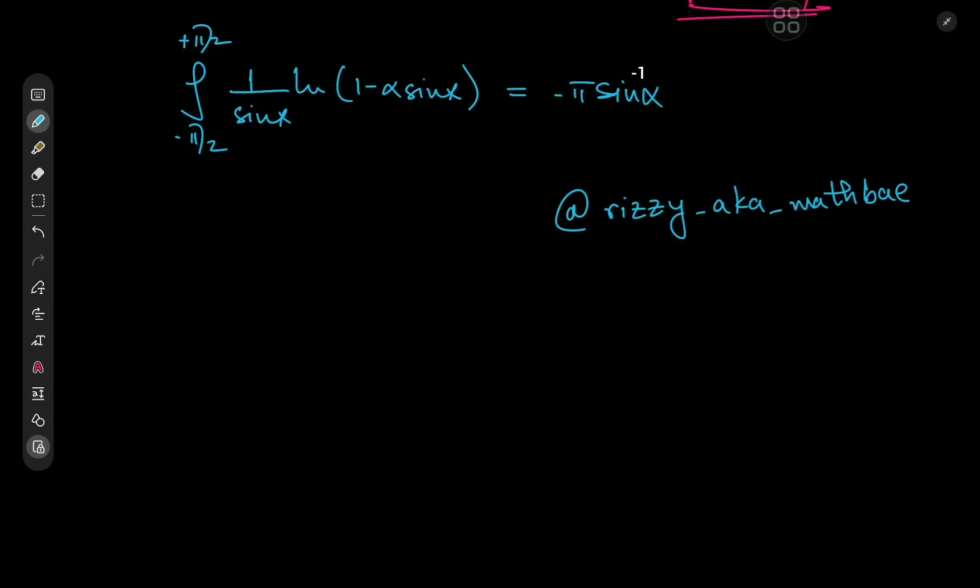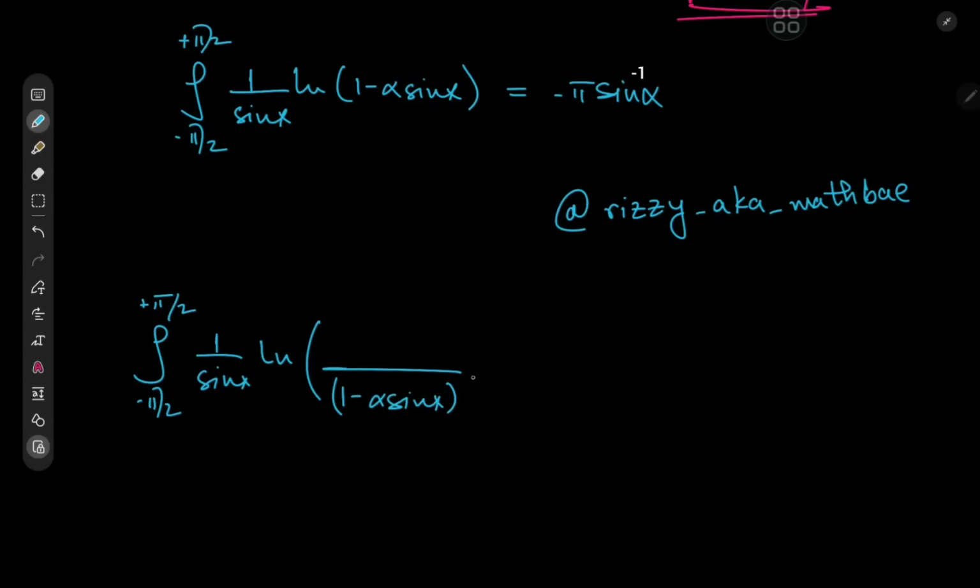Back to work. We have this result, and this is actually wonderful. It's brilliant. The reason for that is that the target integral was in fact the integral from negative to positive pi by 2 of 1 by sine x times the logarithm of, let's see, we should have 1 minus alpha sine x in the denominator.